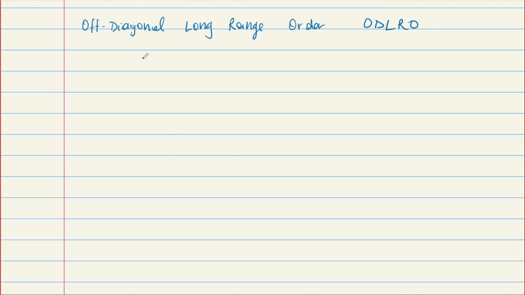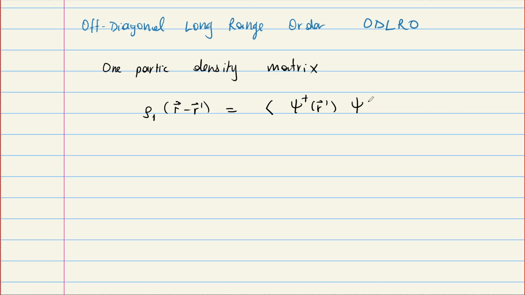Anyways, I want to introduce the one particle density matrix in this new language. Its definition is somewhat expected. If you have r−r′, the density matrix is the expectation value of ψ†(r′) ψ(r). So these are now field operators.